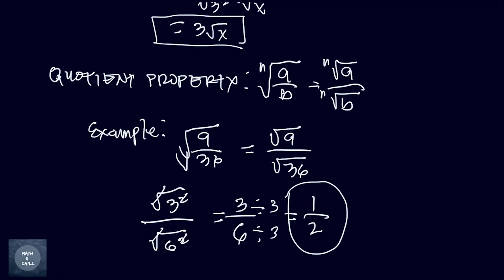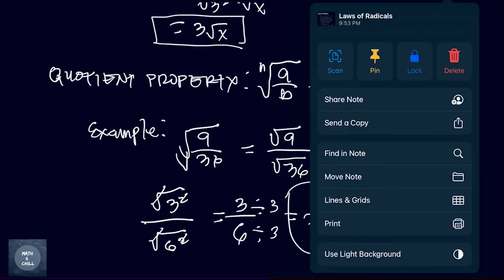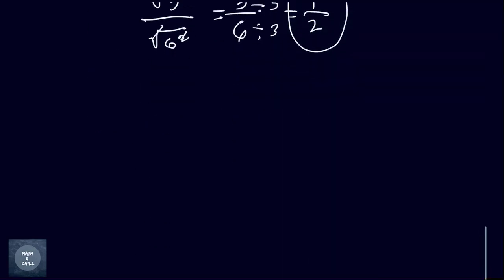Karon, the last property na dapat niyong timan-an is that natawag ni siya o exponent property.